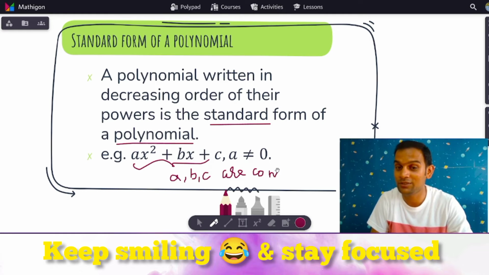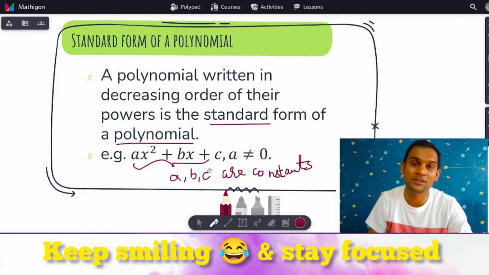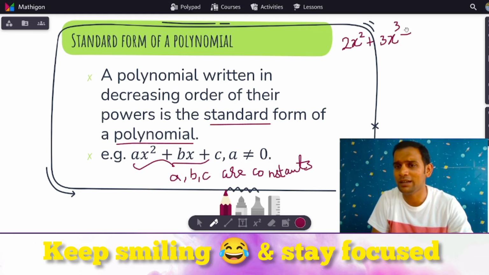I already discussed why we represent a, b, c as constants. So this is the standard way of writing a polynomial. I'll just quickly ask you a question. 2x square plus 3x cubed plus 1, is it in standard form? No. We just need to write it in decreasing order of their power: 3x cubed plus 2x square plus 1. That's all.